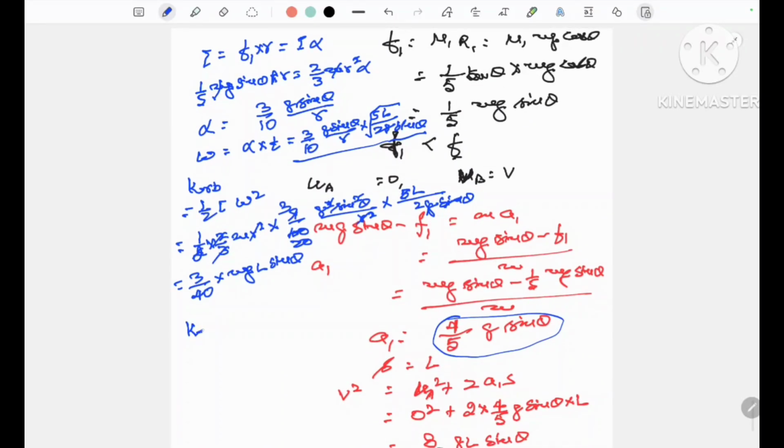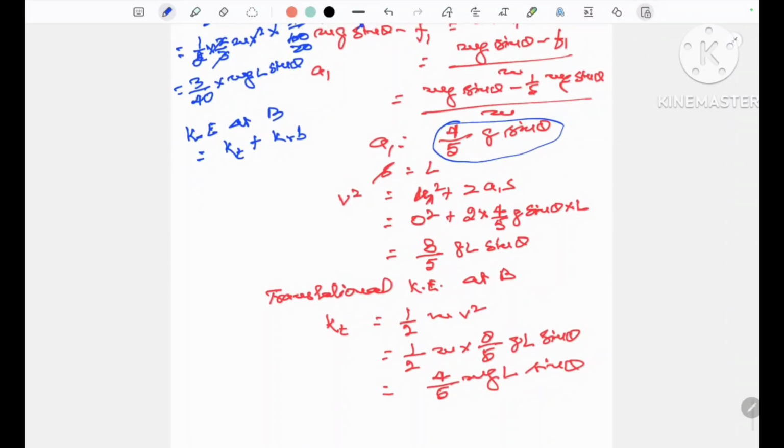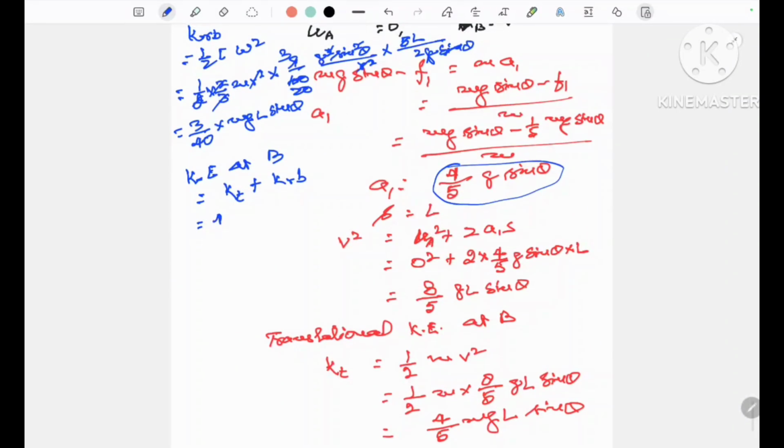Total kinetic energy at B, KE at B, is equal to KT plus KR. KT is 4 by 5 mgL sin theta, and this is 3 by 40 mgL sin theta.